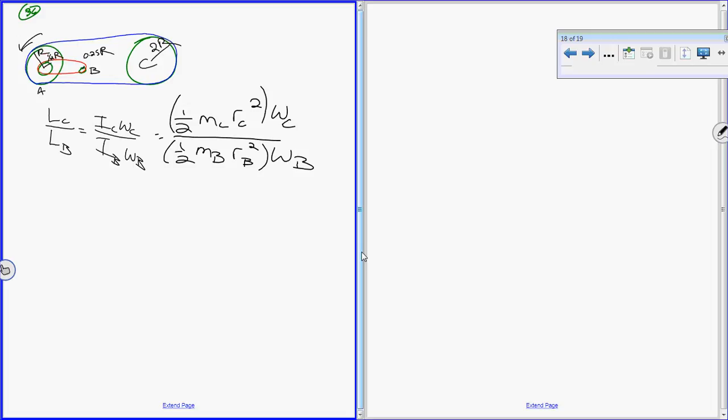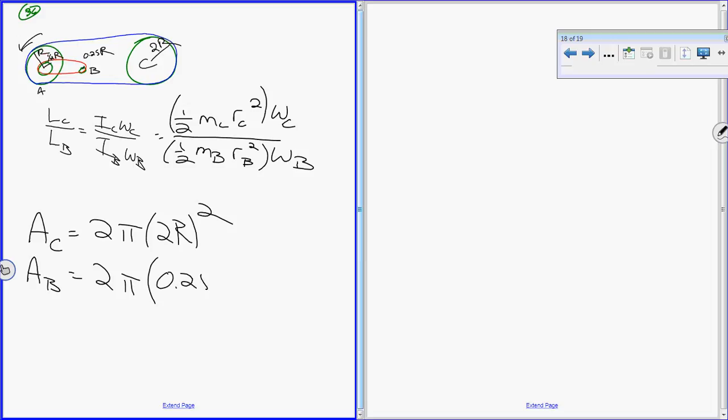Yeah, so the area of C would be 2 times pi times 2r squared, right? And the area of B is 2 pi times 0.25 r squared, right? So if I'm looking for the ratio, the ratio between their areas should be the same as the ratio between their masses, right?